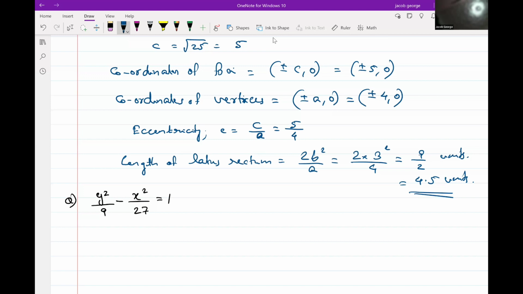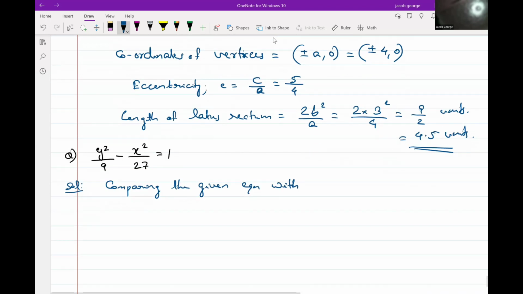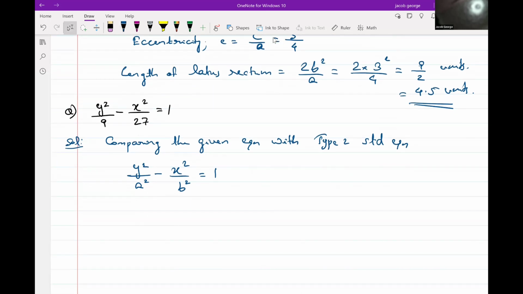Comparing the given equation with the type 2 standard equation of hyperbola, that is y square by a square minus x square by b square equal to 1.